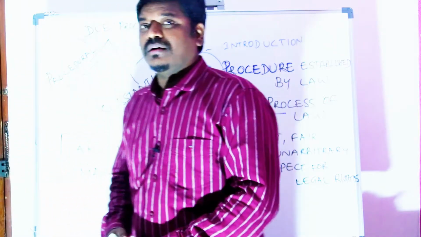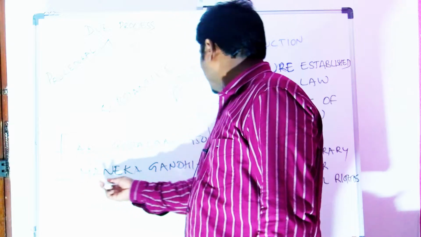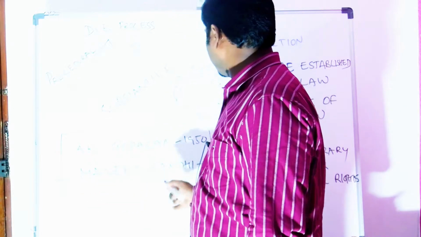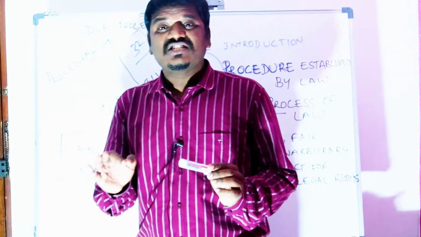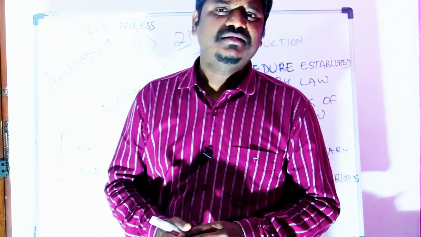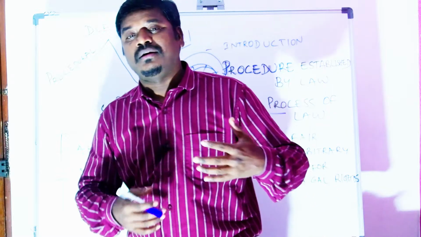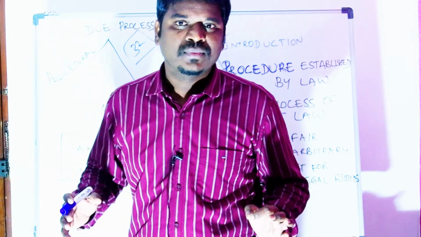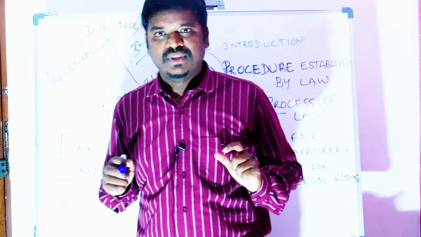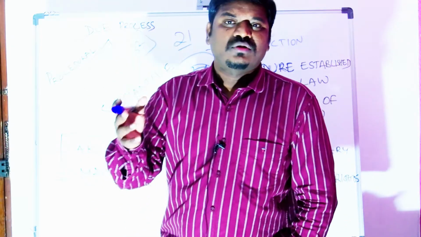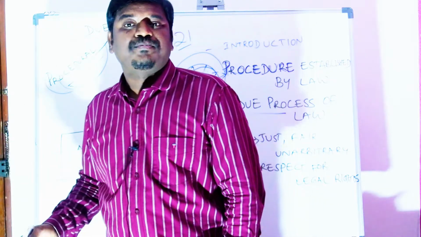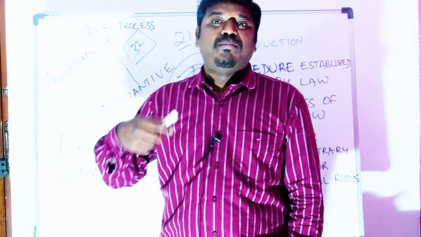However, there was a greater change in the Menaka Gandhi case of 1978. Let us not get into the details of that case, as that is an entirely different topic for a different session. In this case, Menaka Gandhi was supposed to go abroad, and her passport was impounded.